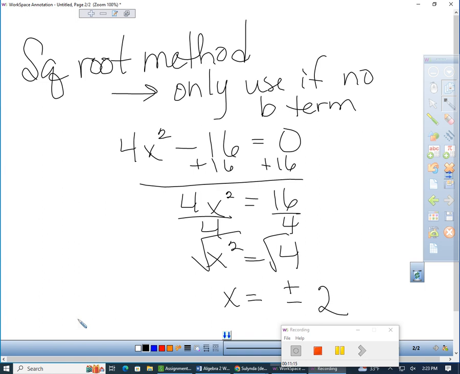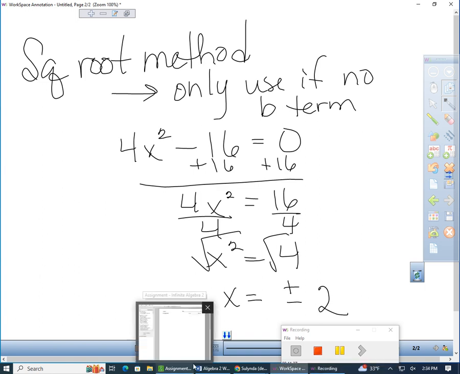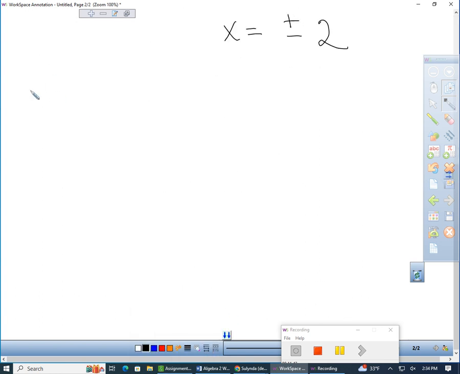All right. Last method I want to talk about then is graphing. When we graph, we are looking for where it crosses the x-axis. And we are going to be using our graphing calculator to do so. So when we use our graphing calculator, you are first going to go in y equals and put your equation, which I'm going to give you in a second.